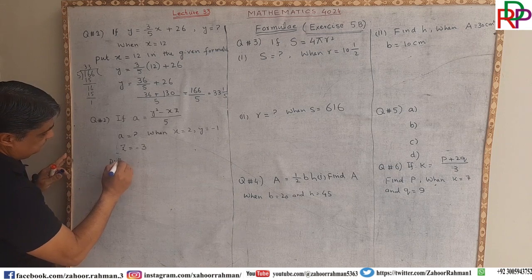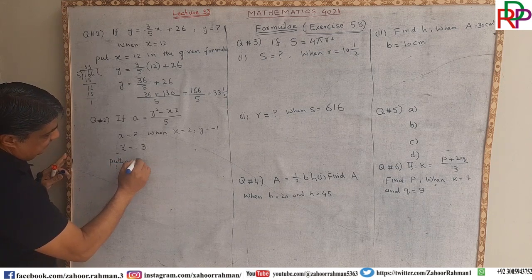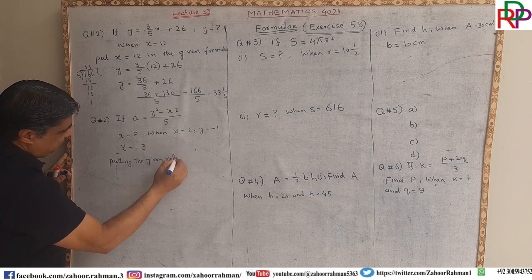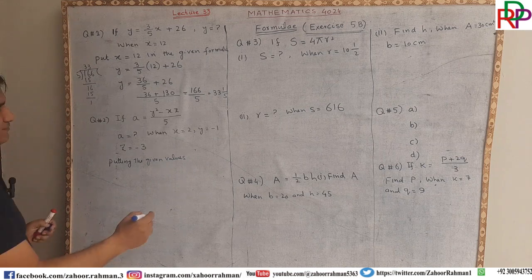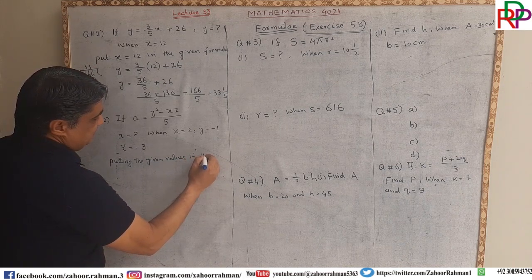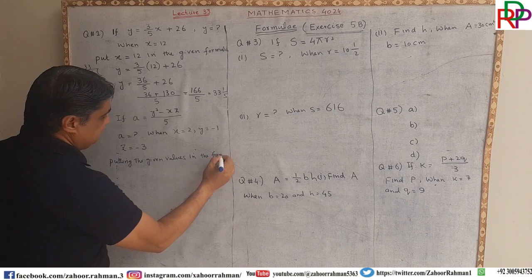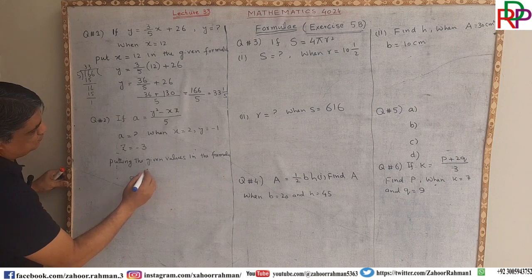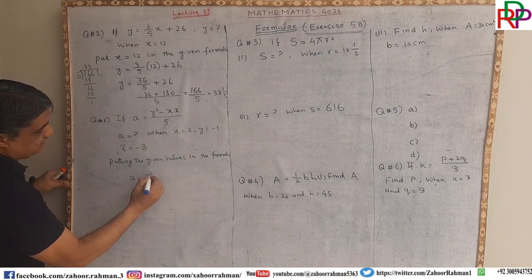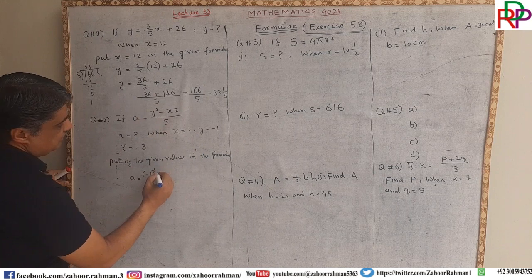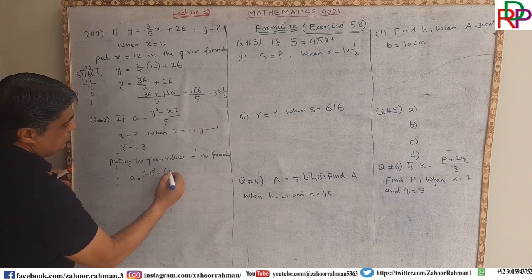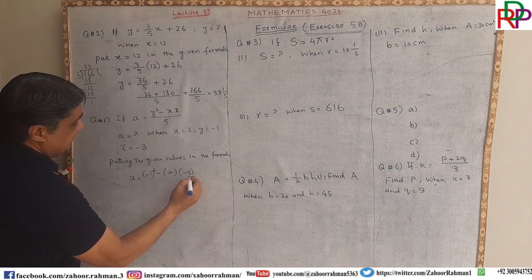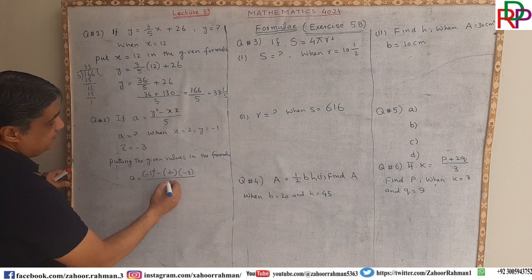So putting the given values in the formula, we will get a is equal to y value is minus 1 whole square because it is square here, and x is 2 and z is minus 3 and whole divided by 5.